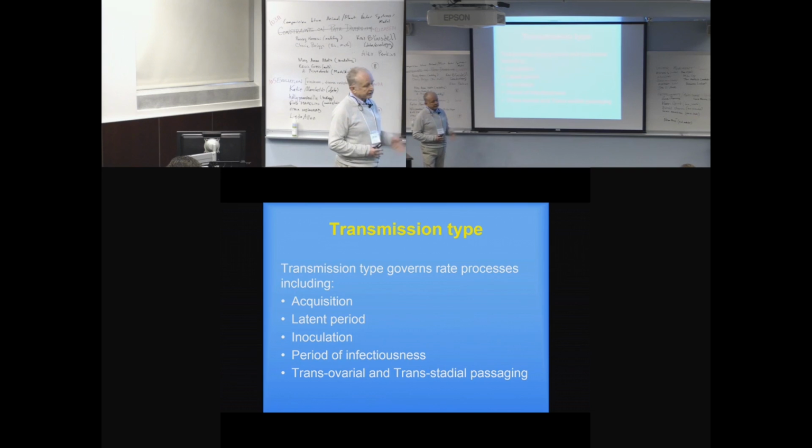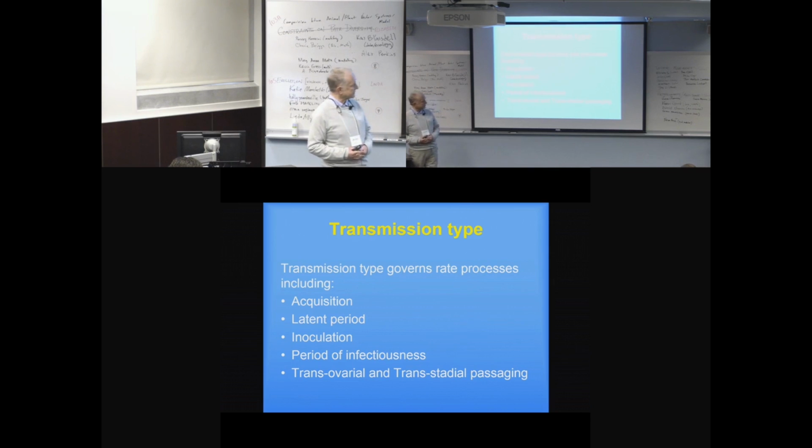And then again, for the persistent transmission types, we have the phenomena of, first, transovarial, I'm calling it here passaging because it's probably a better term to use, whereby the virus can go to the progeny, can passage to the progeny.